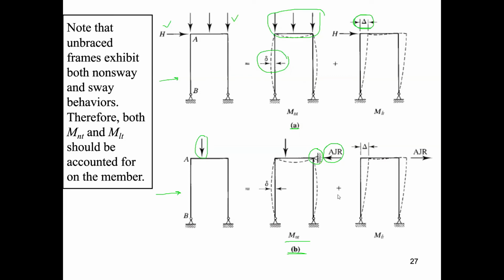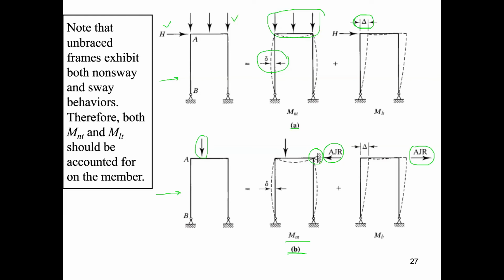To compute the side sway moment, the fictitious support is removed, and a force equal to the artificial joint restraint, but opposite in direction, is applied to the frame.